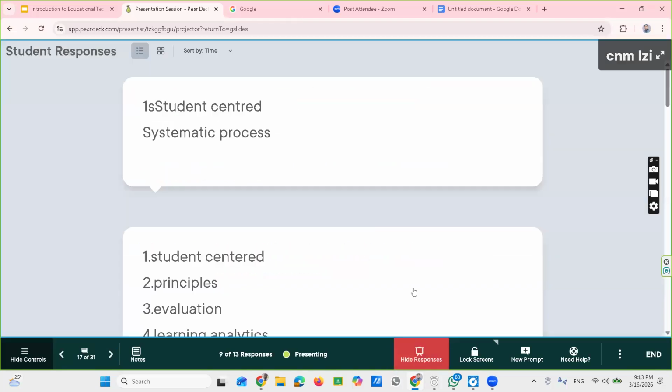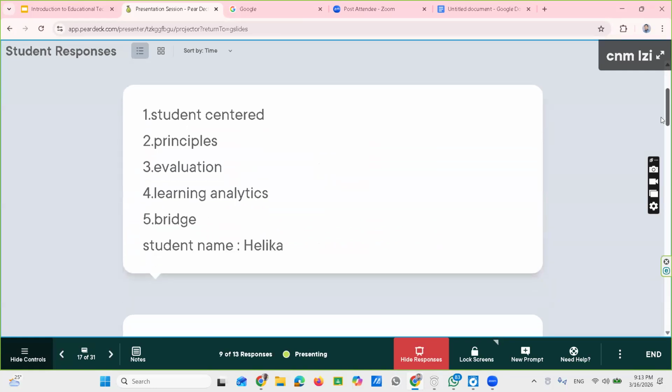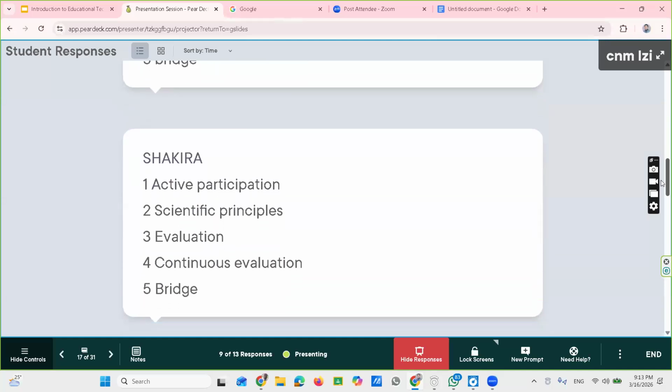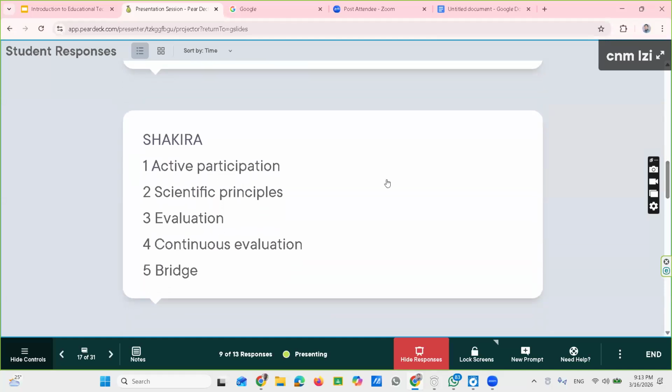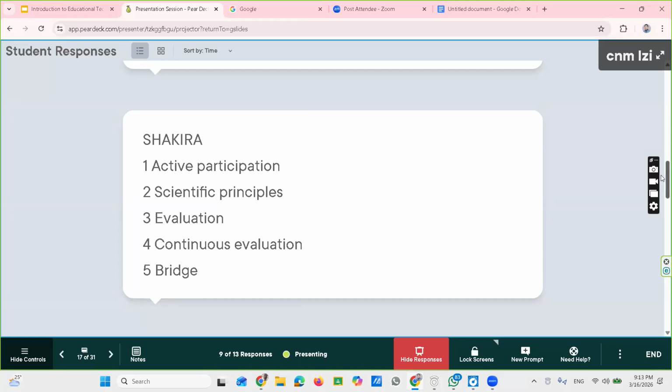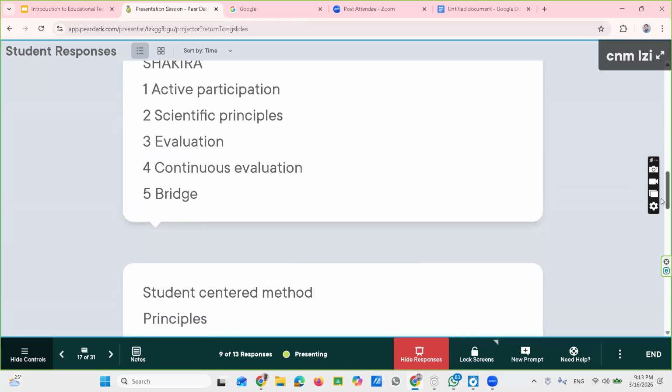Right? Only one student. Then look at who is giving the answer for others. Here, one answer, Shakira: active participant, scientific principle, evaluation, continuous evaluation, bridge, right? That's correct. Right.